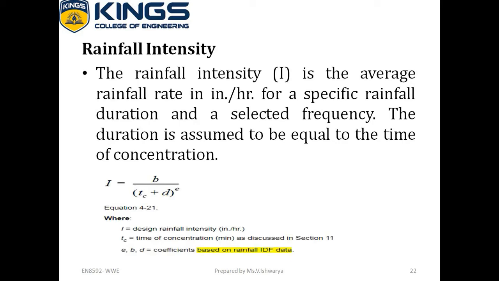So what is meant by rainfall intensity? It is the average rainfall rate in hours for a specific rainfall duration and a selected frequency. This can be found out by the formula I = B divided by (Tc + D) whole power E. Here B, D, E are coefficients of rainfall, Tc means time of concentration, and I means rainfall intensity.